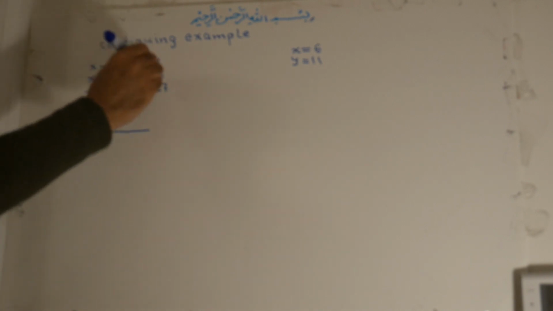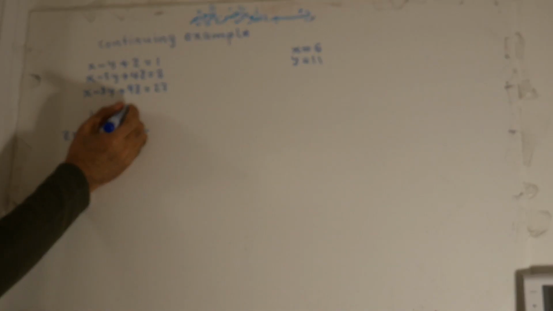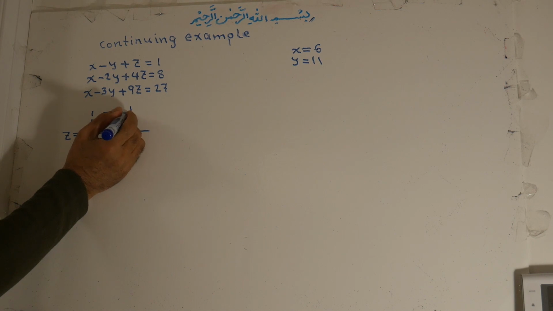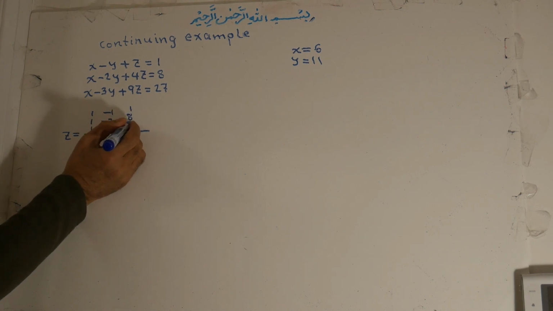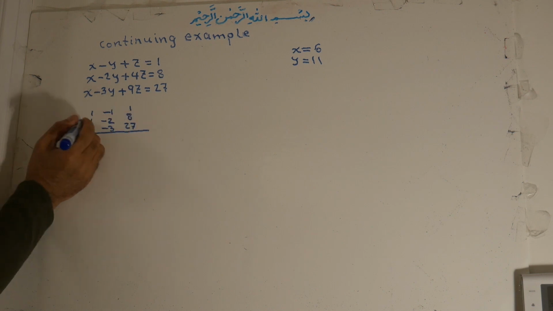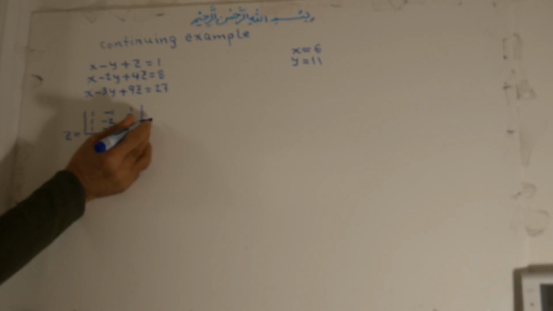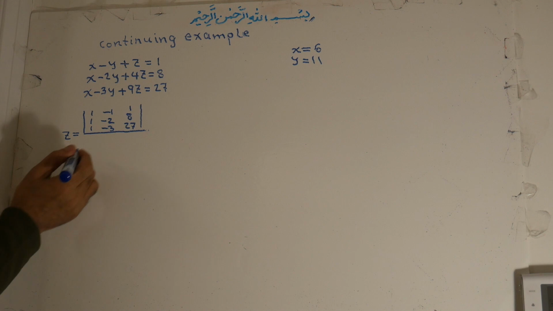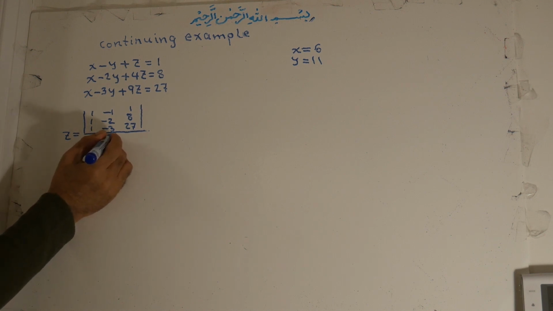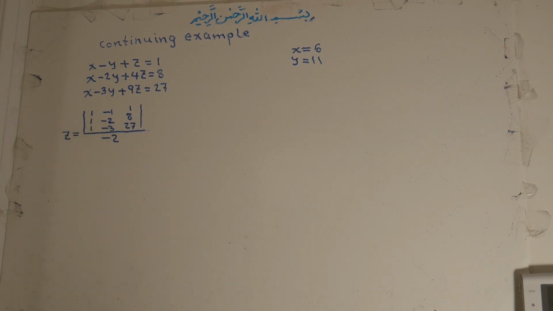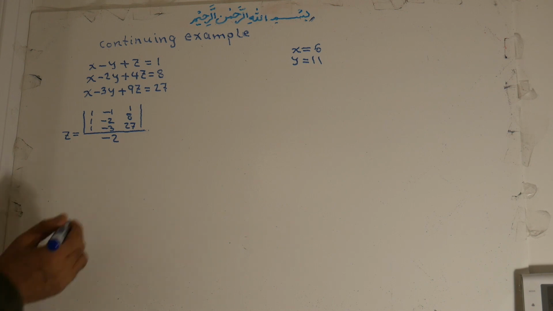But instead of the z, we write the c numbers, 1, 8, and 27. And for the denominator, because the denominators of all of them are the same, we write the result of the denominator for x, that is minus 2, the same thing for the x, for the y, and also for the z.